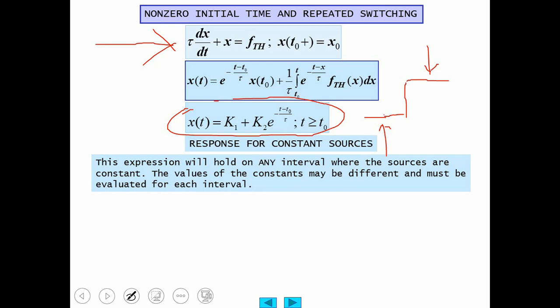They're going to be different constants, but where it switches, the value of the voltage across the capacitor has to be the same, and the value of the current through the inductor has to be the same. That's how we find the new constants.